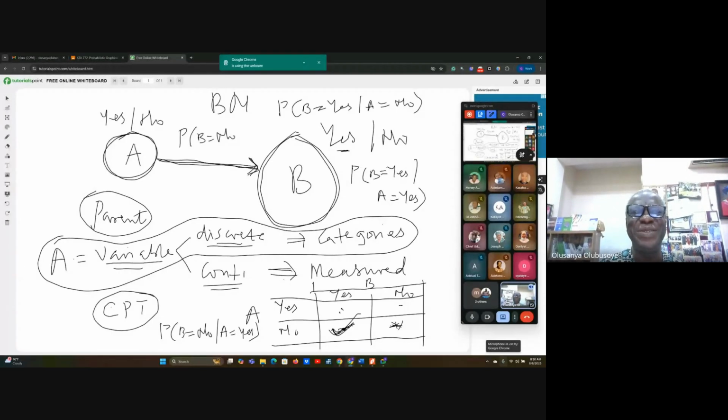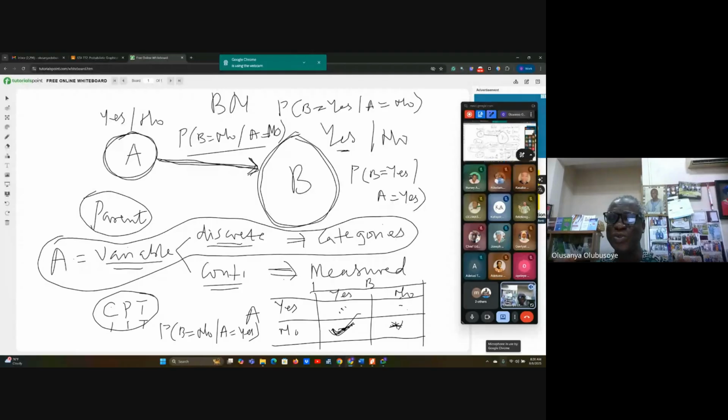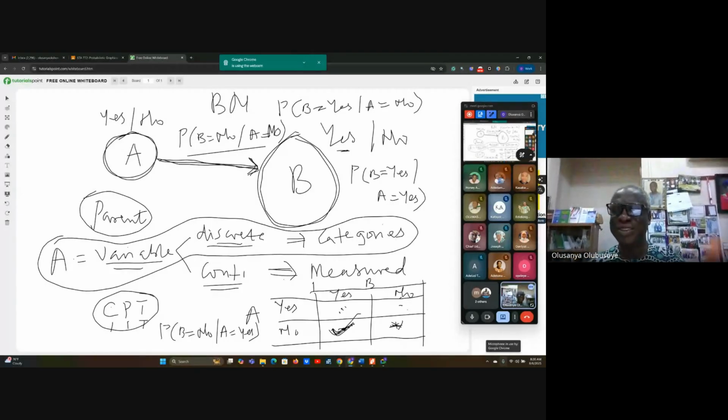Probability of B equals no, given that A is no. So this table now, when we supply those values, we now call this table the conditional probability table. I want you to have very solid understanding of this.